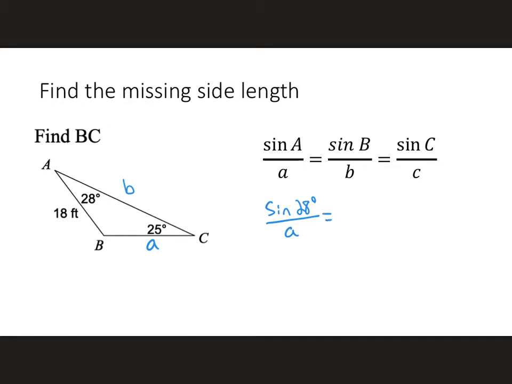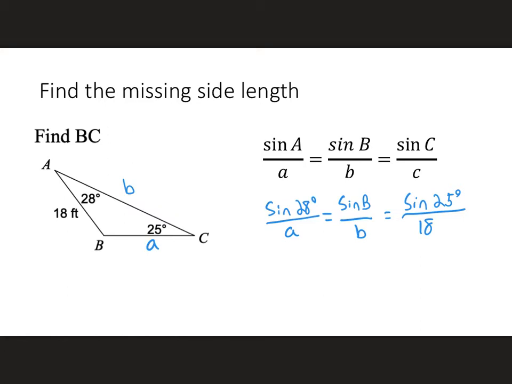The sine of angle B, we don't know what that is, so we'll just leave it like that. And we don't know what side b is either, so we're probably not going to use that part of this proportion. But we know that angle C is 25 degrees, and side c is 18 feet. I'll just leave it as 18 for now.